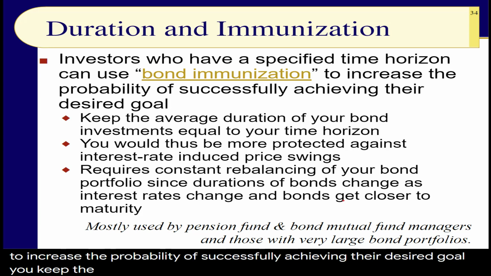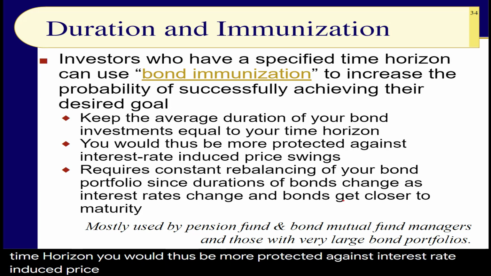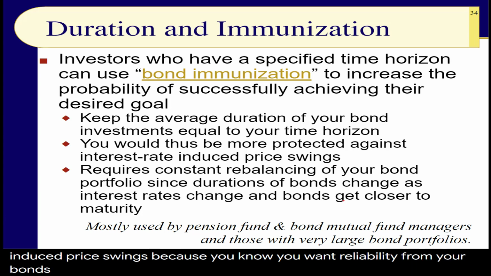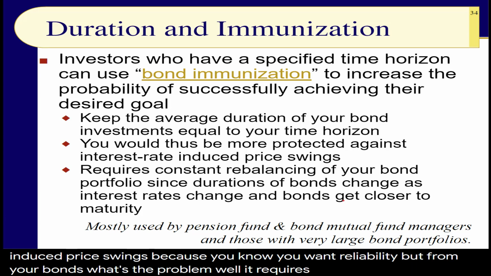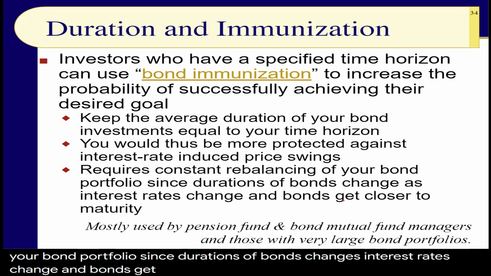You keep the average duration of your bond investments equal to your time horizon. You would thus be more protected against interest rate induced price swings because you want reliability from your bonds. What's the problem? Well, it requires constant rebalancing of your bond portfolio since durations of bonds change as interest rates change and bonds get closer to maturity.